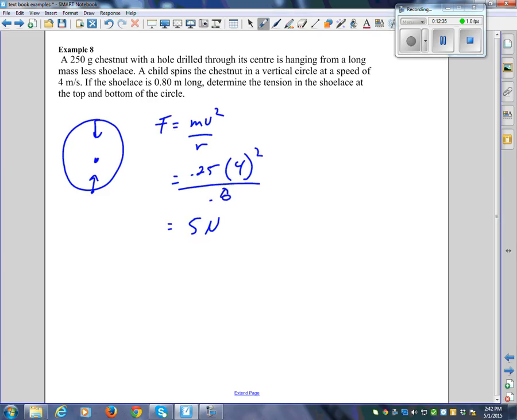Okay, Lana, here's the part where you should listen. That's the average force, but at the top, gravity helps that out, so the tension in the string is less, but at the bottom, gravity works against it, right? Okay, so the weight force, the gravity force, is going to be mass times 9.8, which is 2.45.